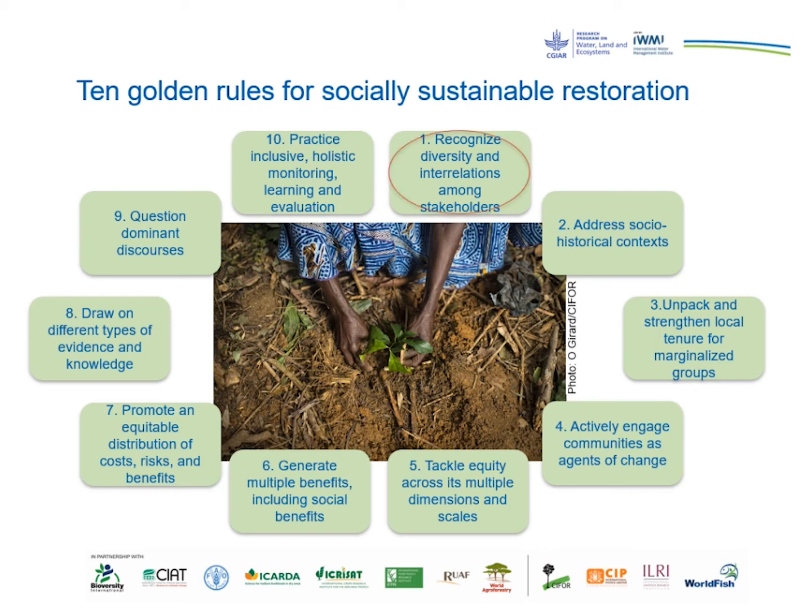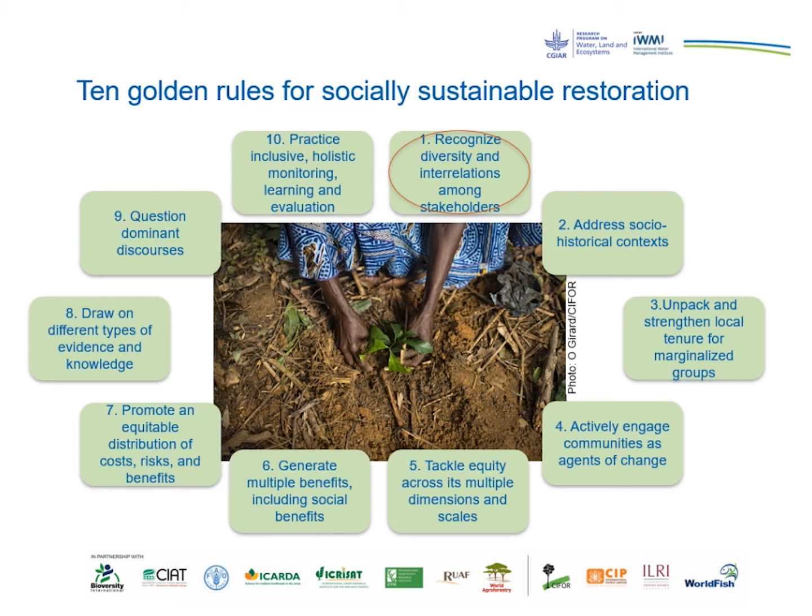So the first one here is about recognizing diversity and interrelations among stakeholders, and recognizing also that these different stakeholders, these actors, and their interests and their capacities can evolve throughout a restoration process. So actors can be found at multiple levels, from multinational corporations to national policymakers, research institutes, and a very large diversity of rural women and men, farmers who make a living off of the lands or other ecosystems under restoration.